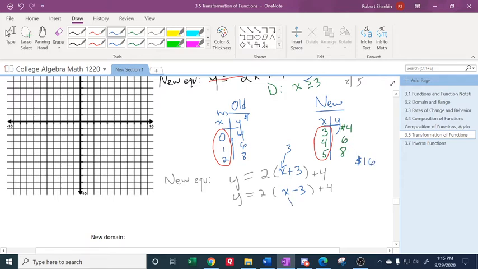If I put 3 in here, 3 minus 3 is 0, 0 times 2 is 0, plus 4, I'm going to get $4. I'm going to get the right amount. If I put in 4 here, I'll get 1 times 2 is 2, plus 4 is I'd get $6. Ah, this is working. This is the new equation.